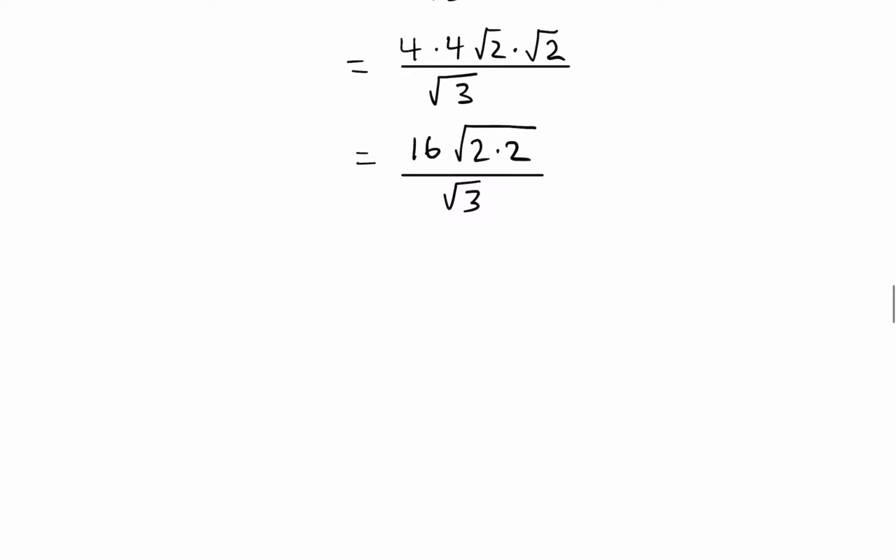All right, so now we see that we have 2 2's underneath the radical sign. So both of these can come out, and when they do come out, only one is represented. Okay, so then this works out to 16 times 2. There's nothing left in the radical sign, so we don't need to write that, and that's over the square root of 3. Okay, and then that simplifies to 32 over the square root of 3.